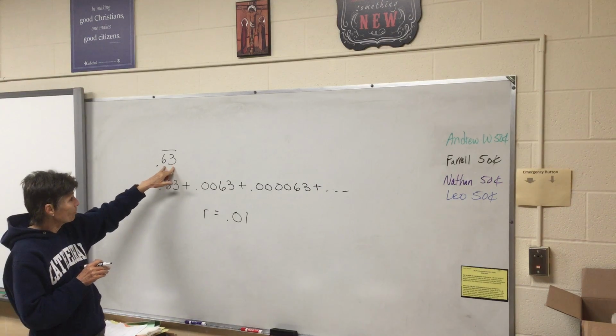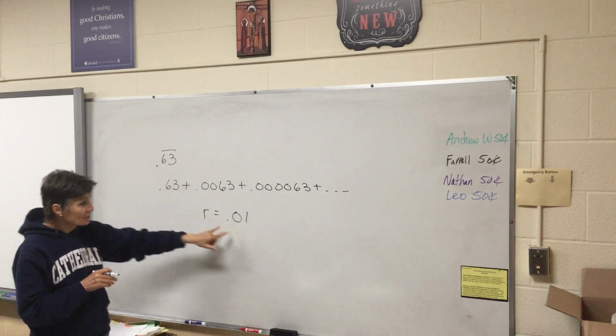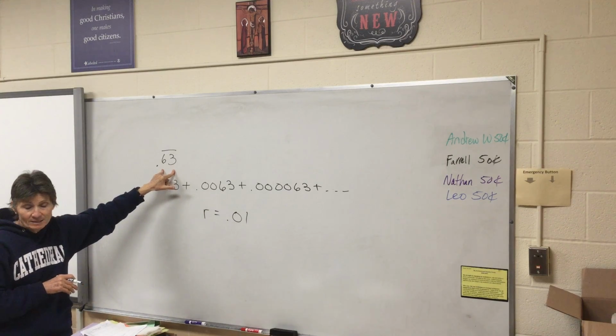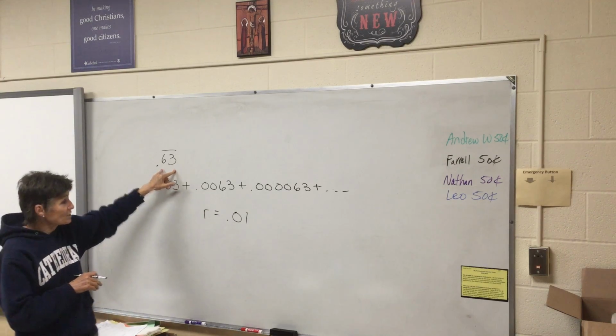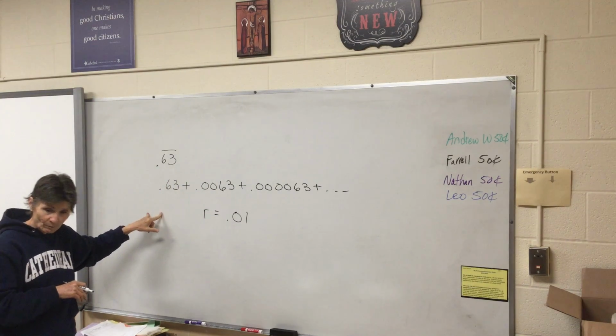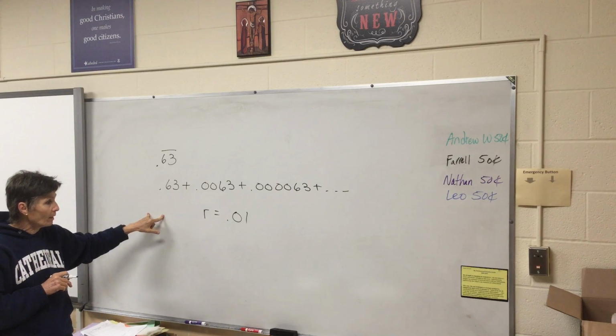However many decimal places are repeating, that is going to give you your common ratio. So if you have 2 decimal places repeating, your ratio is going to be 0.01. If you have 1 decimal place repeating, your ratio is going to be 0.1.